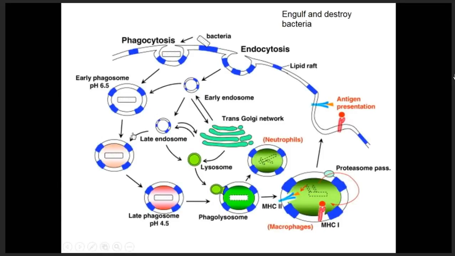And this is an important feature because in order for the enzymes to become active in the phagosome and in the phagolysosome, it must reach a low pH. As you can see here, the late phagosome has a pH of 4.5.